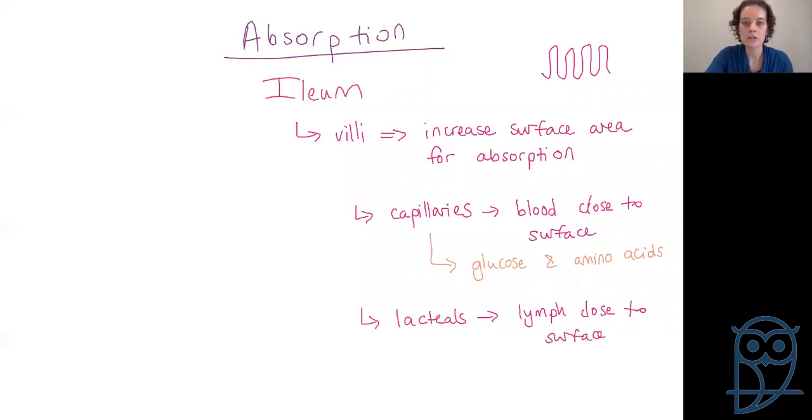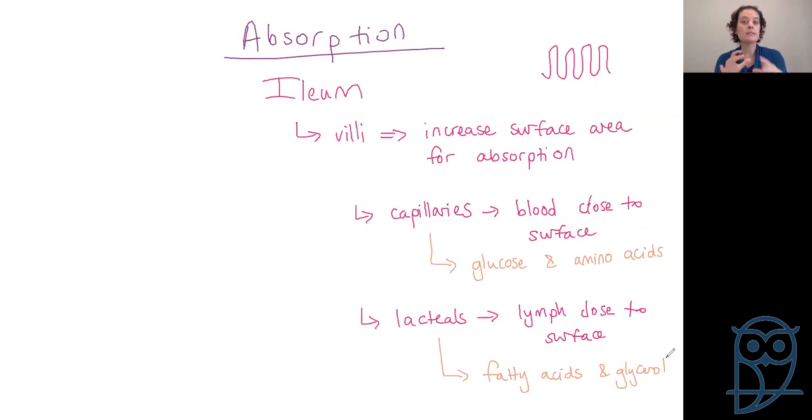Why is this important? Because the bulk of your fatty acids and glycerol are transported by your lacteals. So everything moves across the epithelium into either capillaries or lacteals, and then it can be taken all around the body to wherever it's needed.